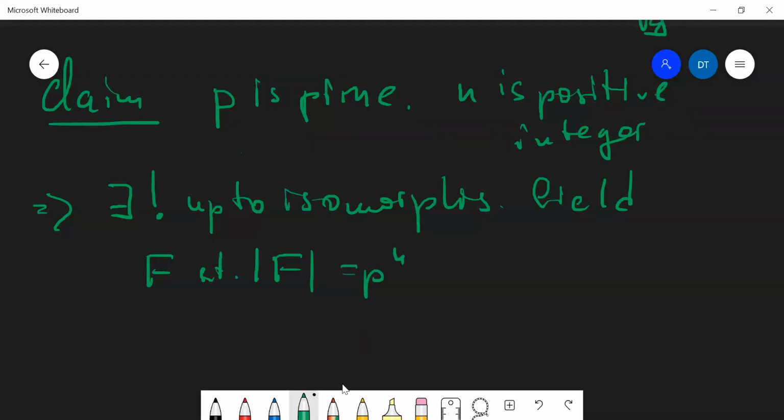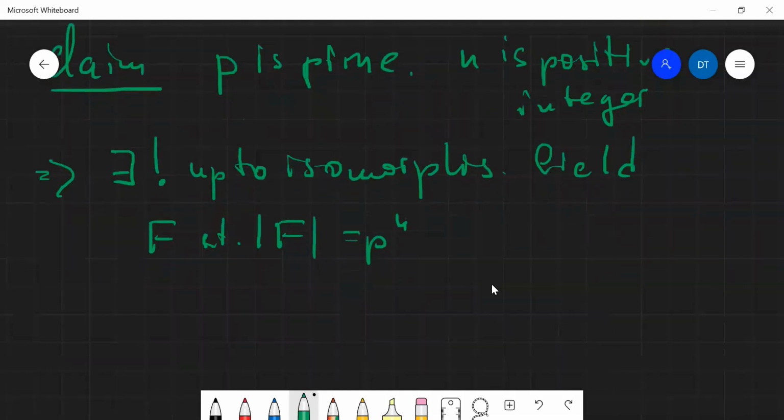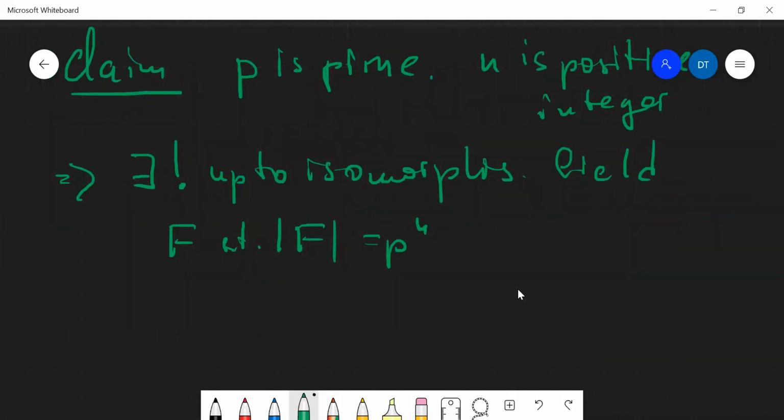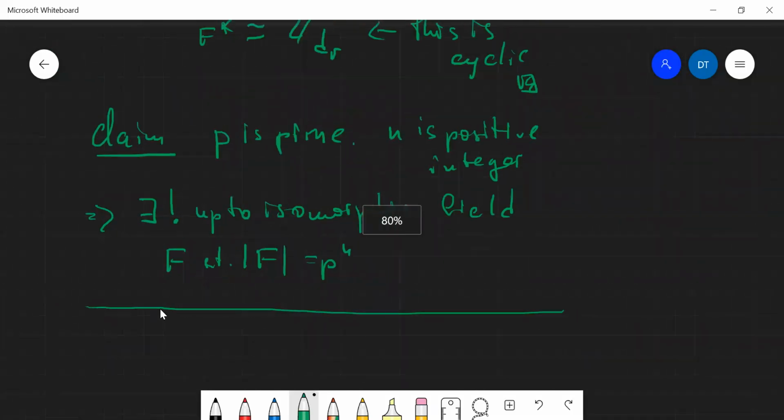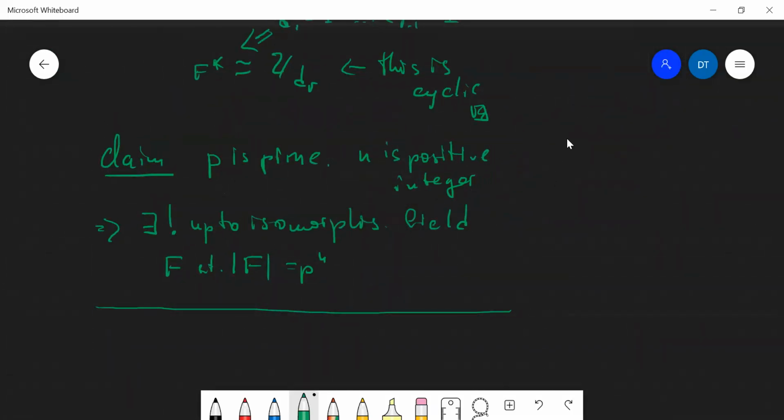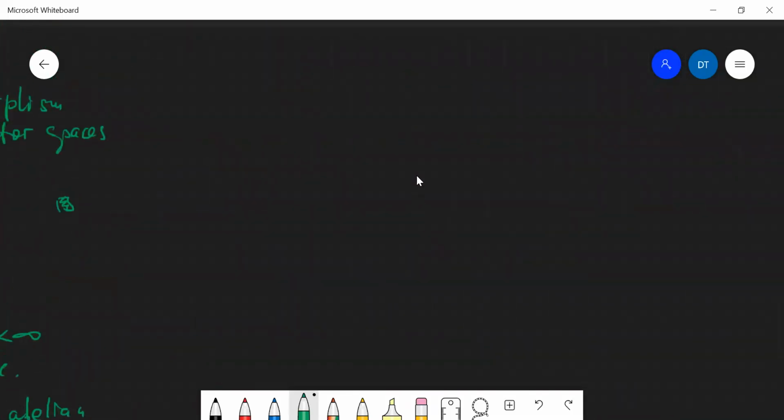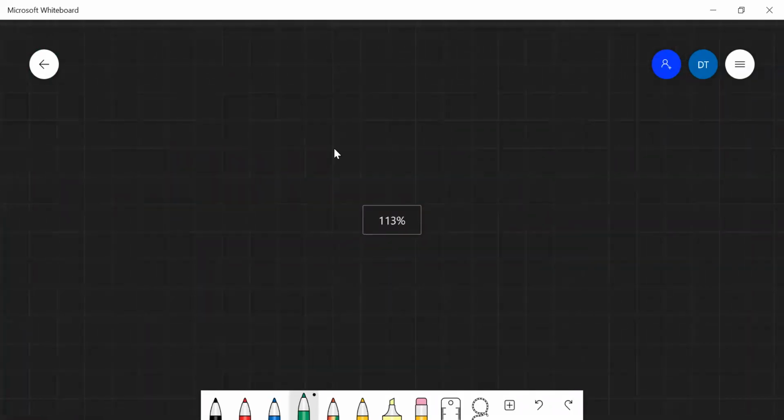Okay, so let me discuss the structure of finite fields using the results we already know. Again, the starting point for any finite field is the field Z_p.